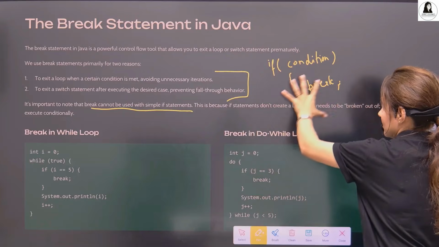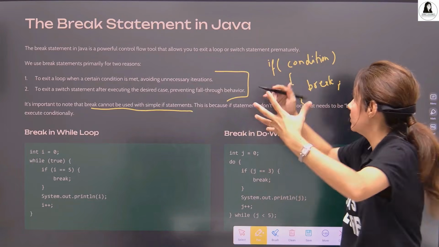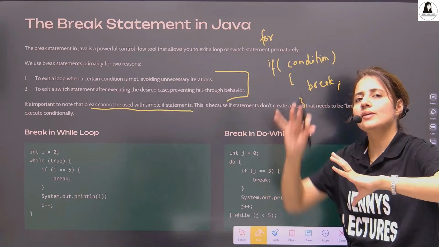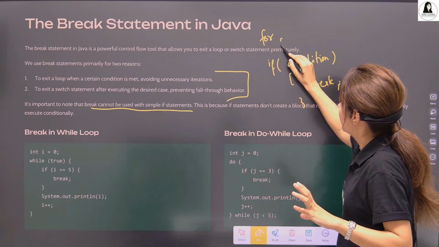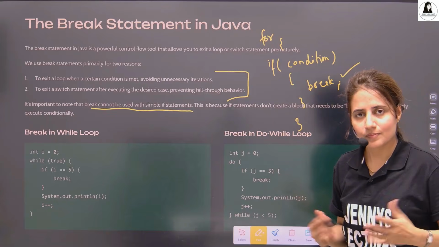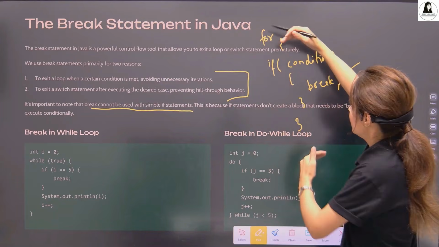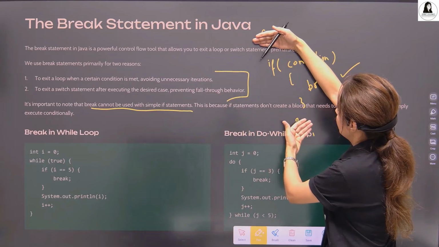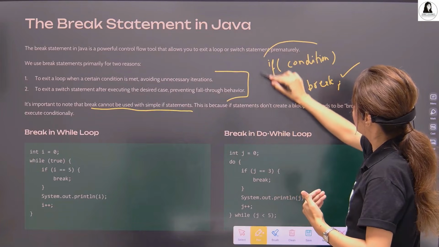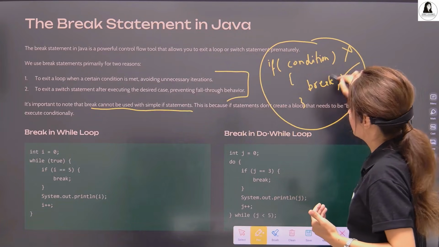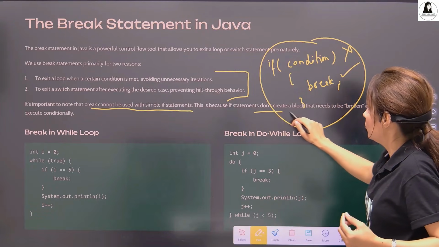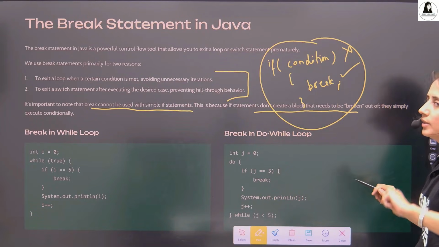But if this if is enclosed within a for loop or any loop, for, while, do while, or within a switch statement, then it's fine, it will work, right? But if there is no loop or switch, and you are using break directly within this if, this is wrong, this is not allowed, right? Because if statement does not create a block that can be broken.